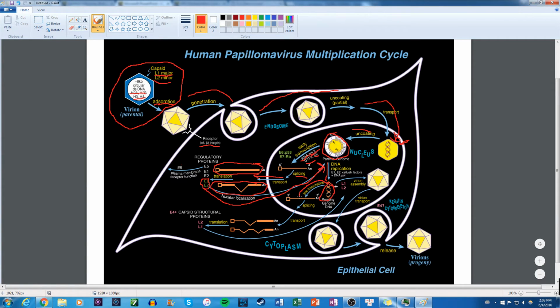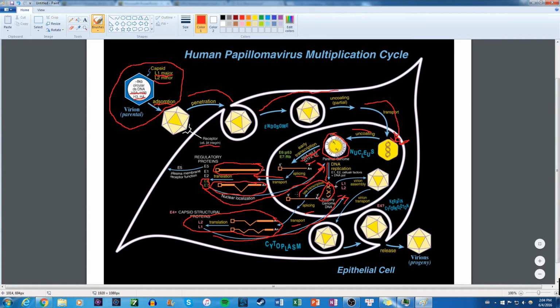Now late transcription, splicing again, transport the splices out into the cytoplasm. You have translation of your proteins, blah blah blah. These go back into the nucleus, right? Because you have progeny viral DNA, which cannot leave the nucleus because the nuclear pores are too small.